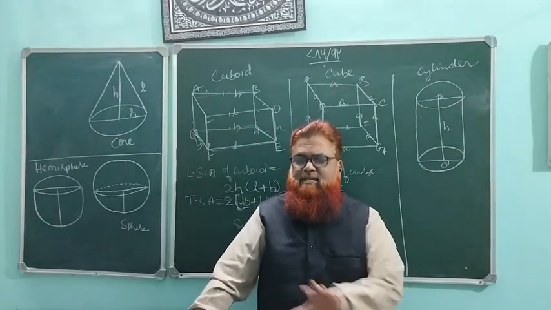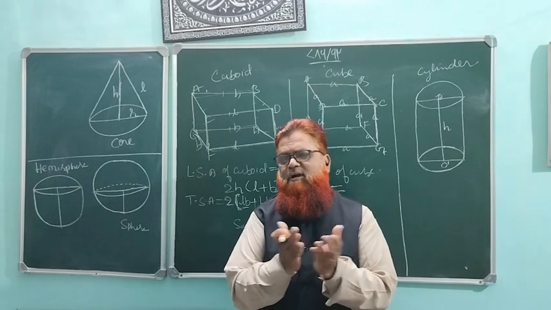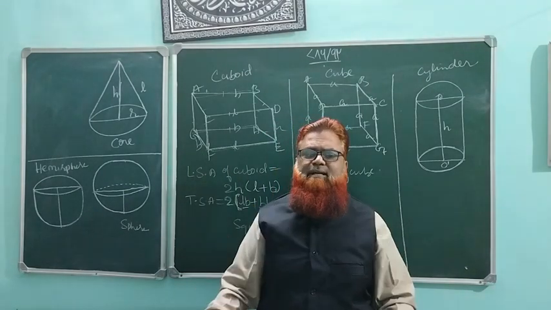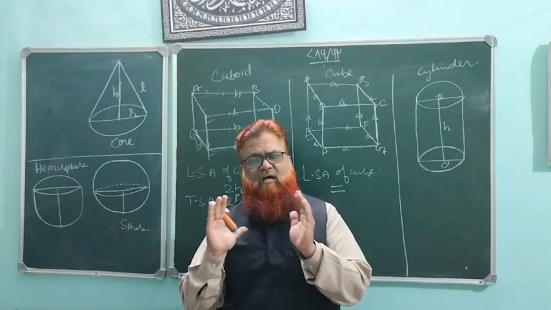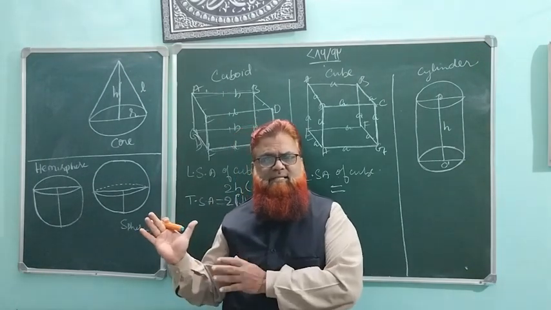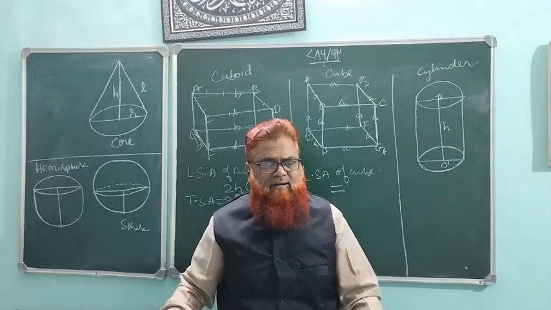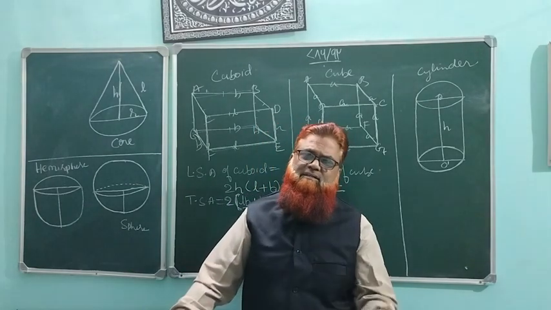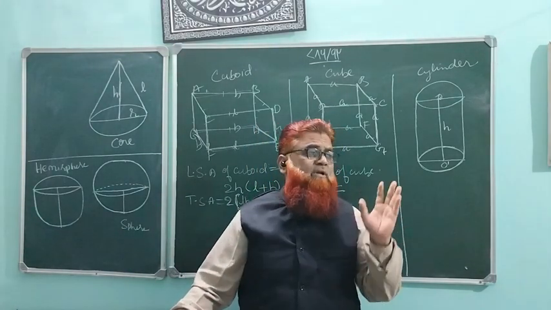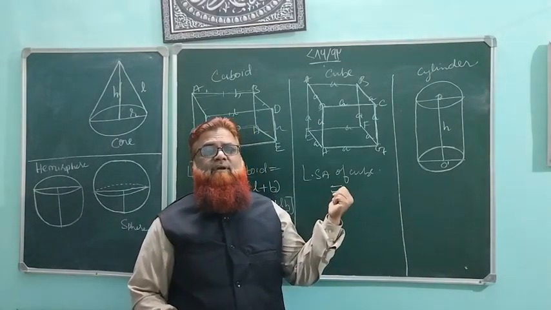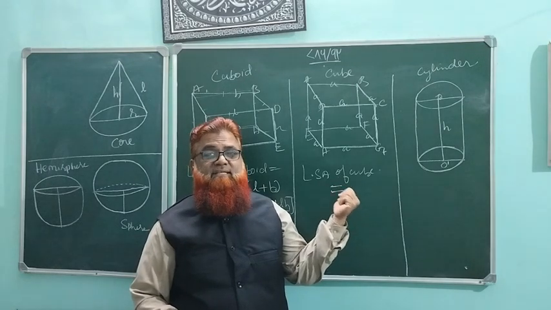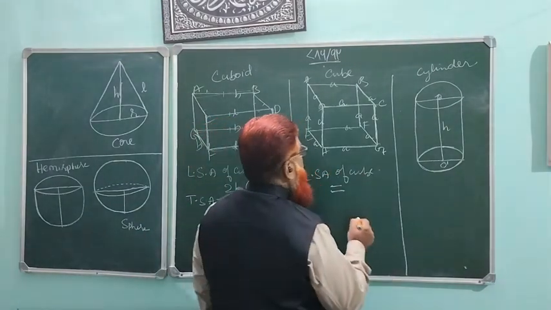For straight figures, where the sides do not have any curve, we call it the lateral surface area. If it is a curve like a cylinder, like a cone, like a sphere, but for a sphere we do not have a lateral surface area. Lateral and total are both the same. We refer to it as a curved surface area, but we cannot say LSA.